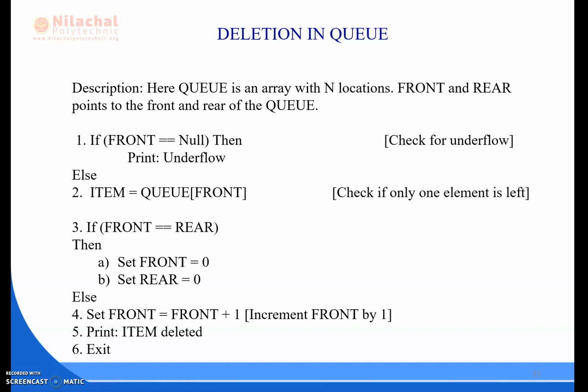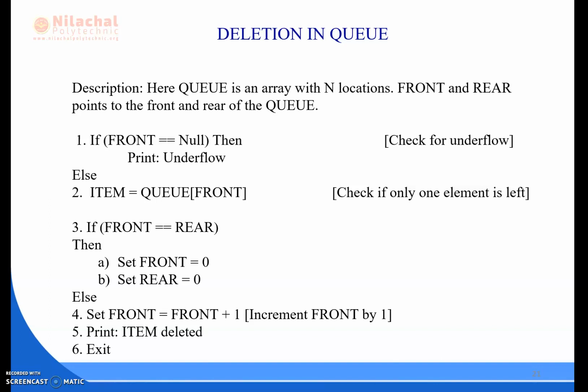But if front is not equal to null, then at least there is one element left in the queue and we need to delete it.